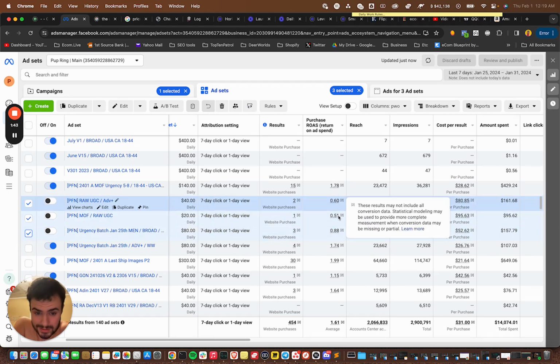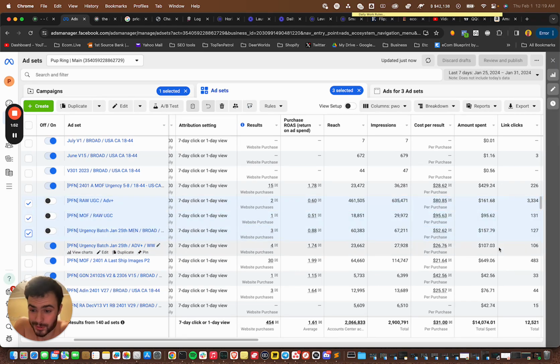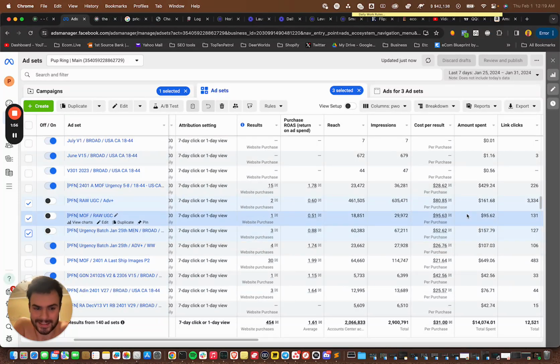So a 0.6, a 0.5, a 0.8, right? Those aren't ideal purchases for me. You can see here $80 cost per purchase. Bro, my AOV is $50, right? So it doesn't make sense for me to be paying this type of money for these purchases. That's why they're off, right?